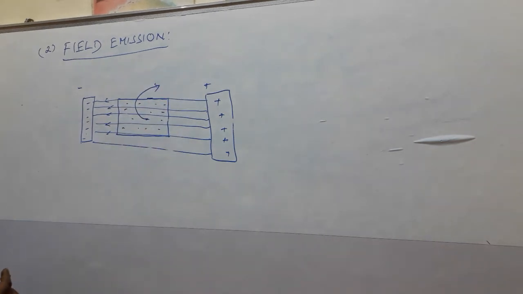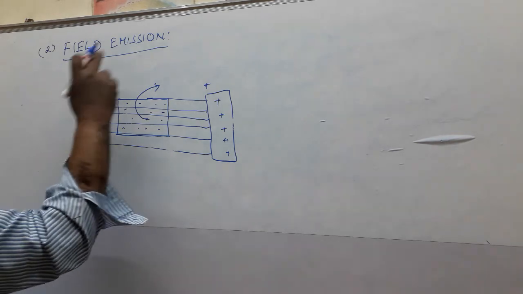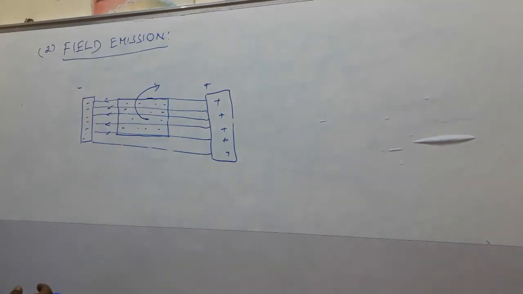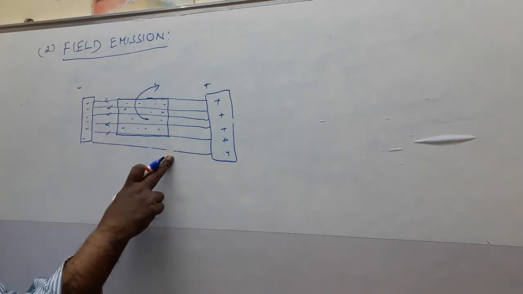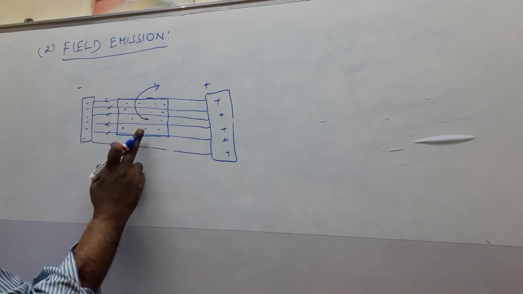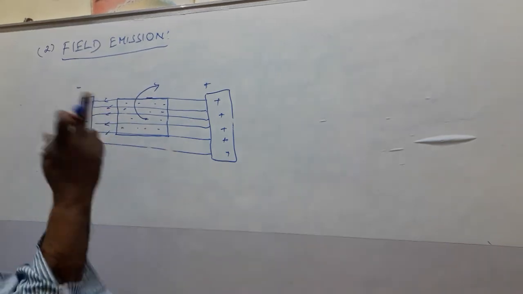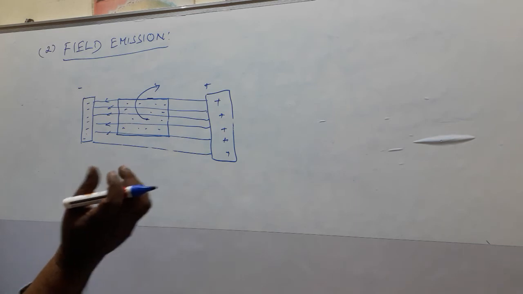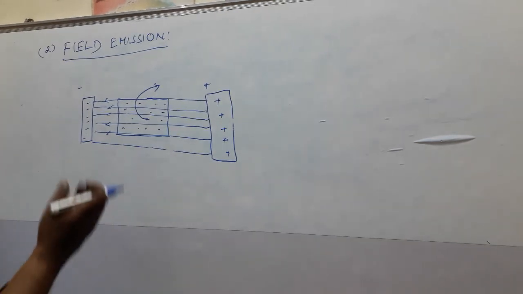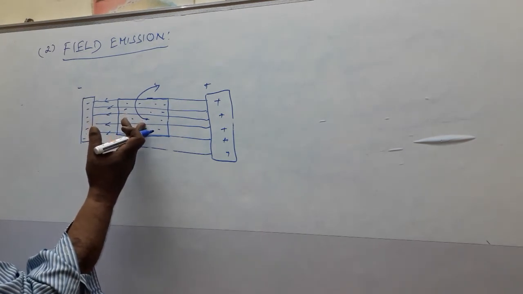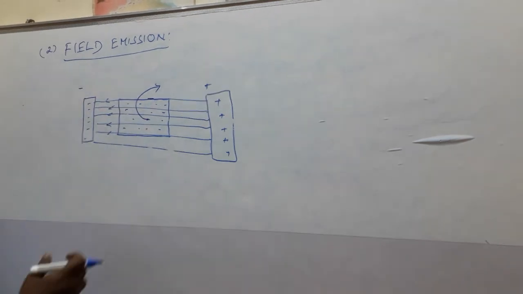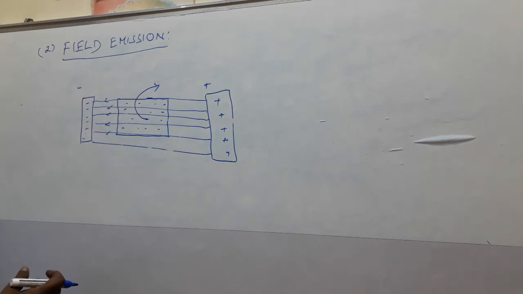That's why this is called field emission. Field emission is nothing but, in the presence of a high electric field between two plates, when you place a metal, the electrons inside the metal absorb energy from the field, so that they have sufficient energy to cross the surface barrier and come outside the metal. This process is called field emission.